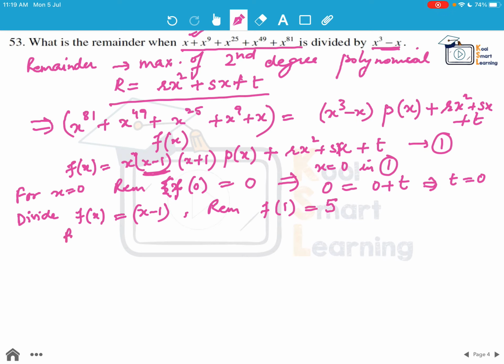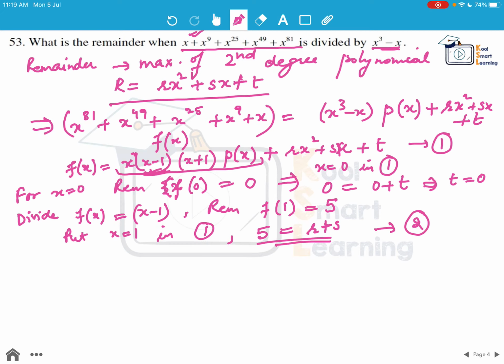Now we put x equal to 1 in 1. What do we get? We get f1, which is 5, is equal to, x minus 1 is 0, so this complete thing becomes 0, plus r plus s, and t we already know is 0. So we get r plus s is equal to 5. Let's call this second.